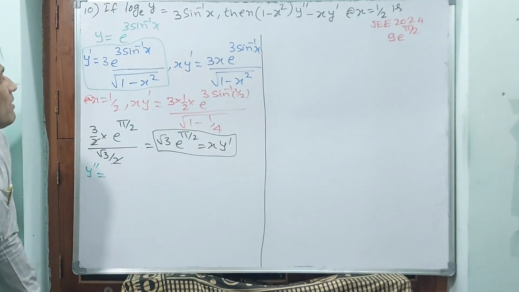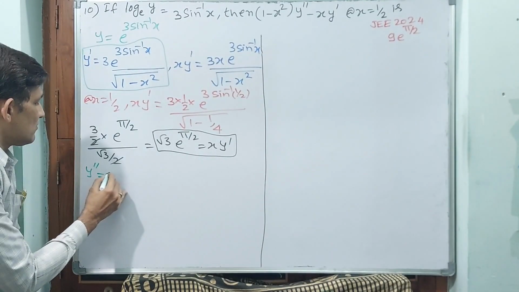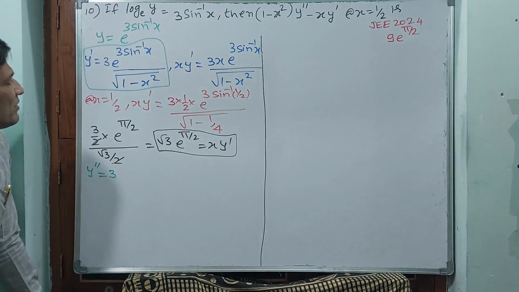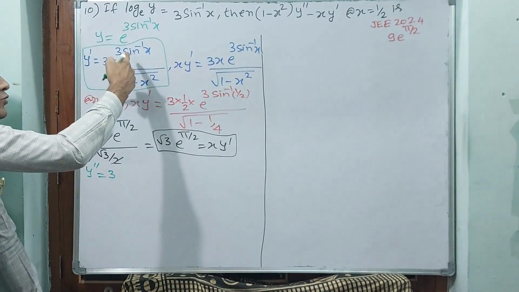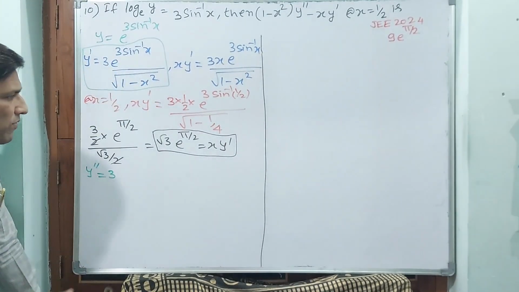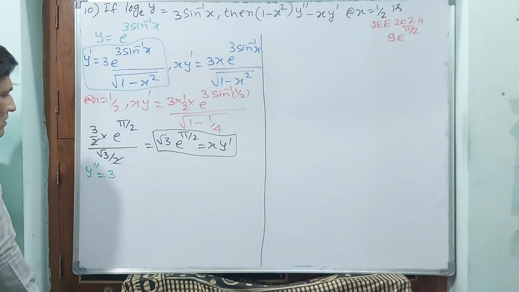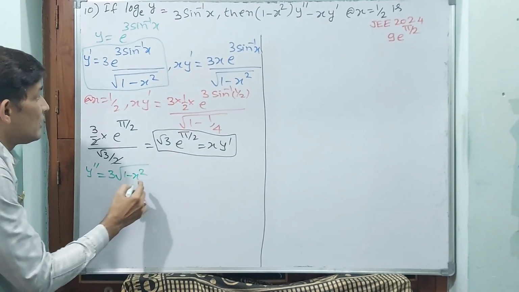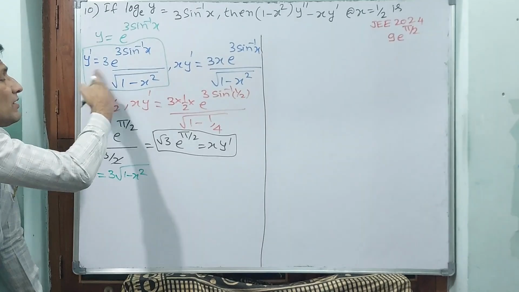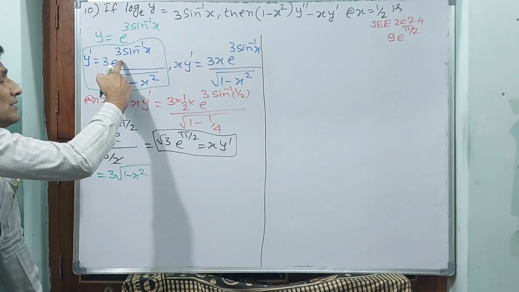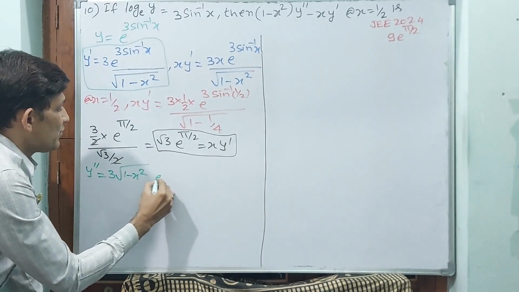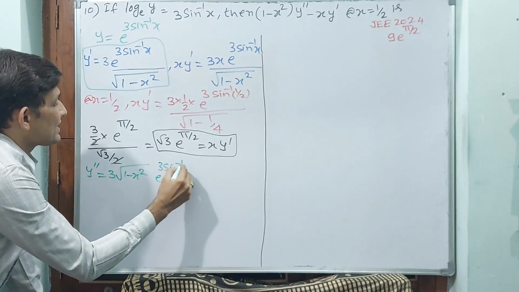Y double dash is equal to, see, 3 is common, you can take it out, or else we will take it, not a problem. See, now d by dx of u by v. Is it okay? d by dx of u by v. V d by dx of u, u means, see, 3 already has been taken aside, and v d by dx of u is e power 3 sin inverse x.